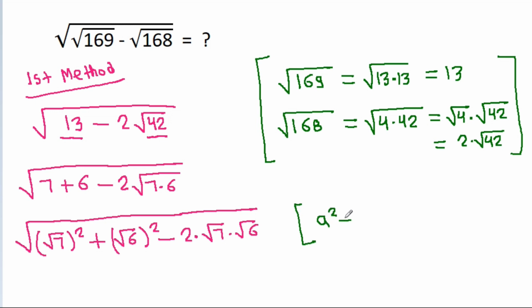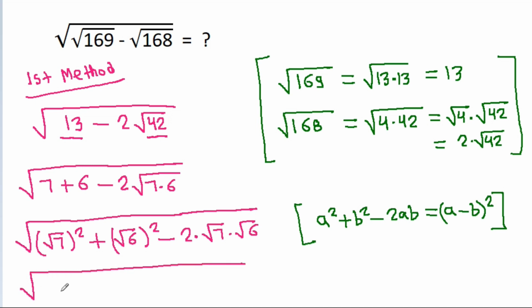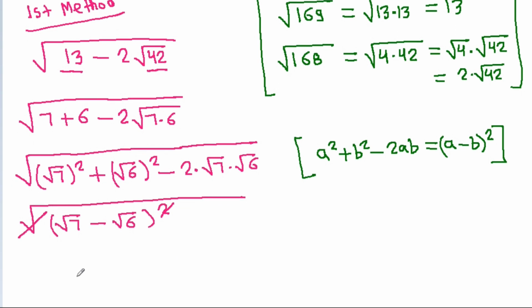And a square plus b square minus 2ab is (a minus b) whole square. So it is the square root of (root 7 minus root 6) whole square, and the square and square root get cancelled. So it is root 7 minus root 6.